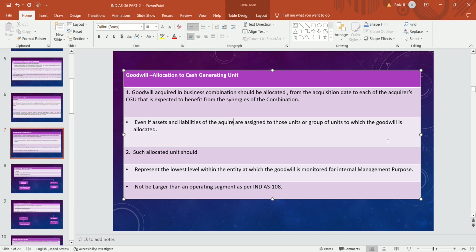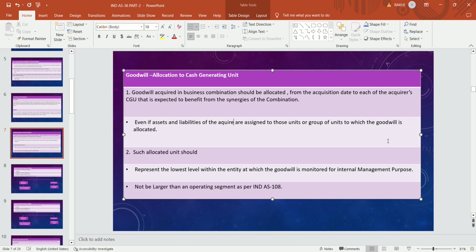We will take an example. Suppose company A acquires company B. Both are pharmaceutical companies, and company A acquires the formula of company B, which makes the medicines for COVID vaccination. So company A acquired company B's assets, liabilities, goodwill and all, and also the formula, and that formula is used to increase the business of company A. There are lots of production factories, 1, 2, 3, 4, 5, 6, 7, in different locations.